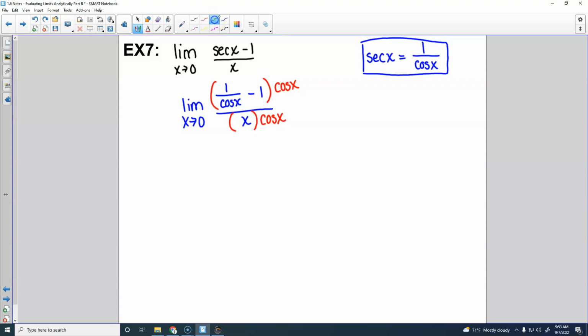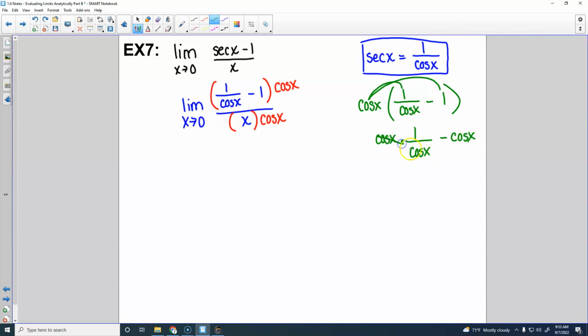So I'm going to write this over to the side just so you guys are really clear about what we're doing, because I don't want you to be confused by it. This part would be done in your head. So we're distributing here, which means we've got cosine x times 1 over cosine x. And then we'd have minus cosine x. What would happen right here with these cosine x's?